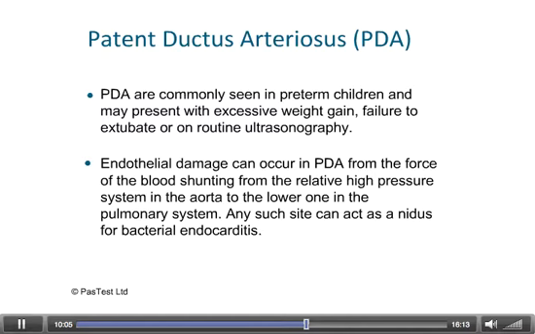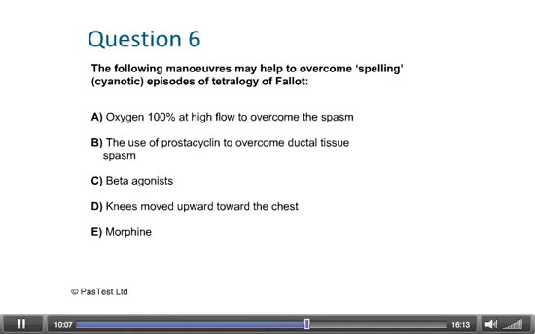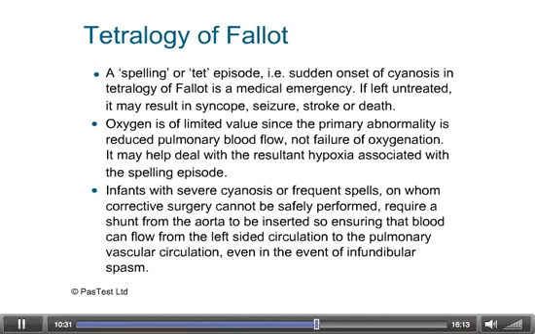Question 6. The following manoeuvres may help to overcome spells, that's to say, cyanotic episodes occurring in Fallot's tetralogy. A list of suggested manoeuvres is given. A spell or tet episode is when there is spasm of the pulmonary infundibular area.